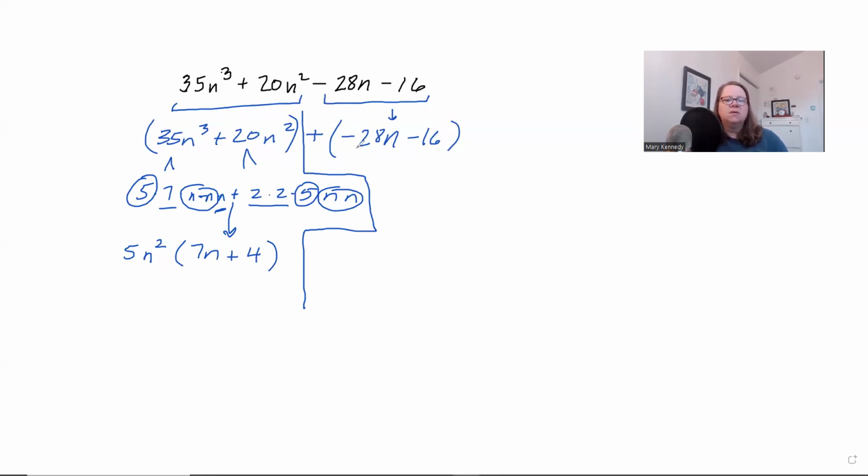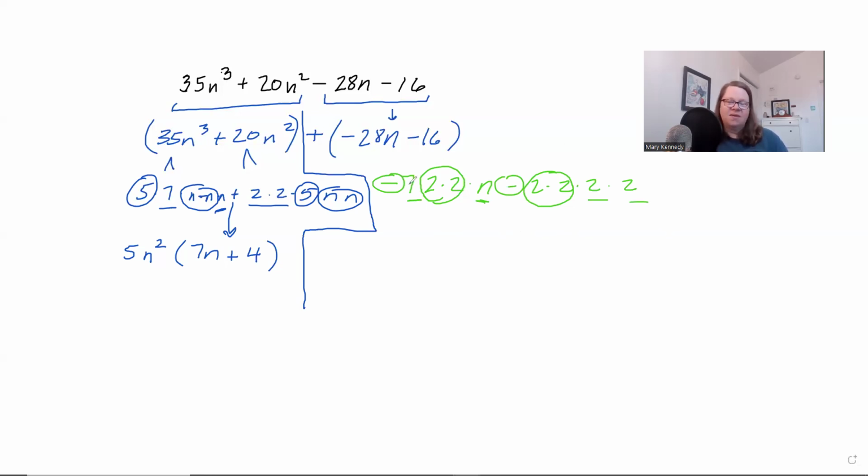So now let's do the second one. We've got negative 28n, so that's negative 7 times 4, which is 2 times 2, and that has an n. And then we've got a negative 2 times 2 times 2 times 2, and there are no letters on that one. Okay, so what's in common? They both have a negative, and they both have 2 2's, right? But there's not a 7 or an n, no more 2's.